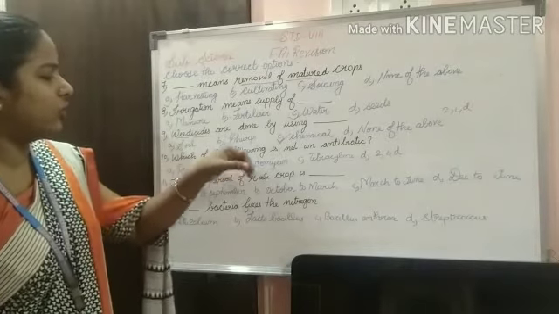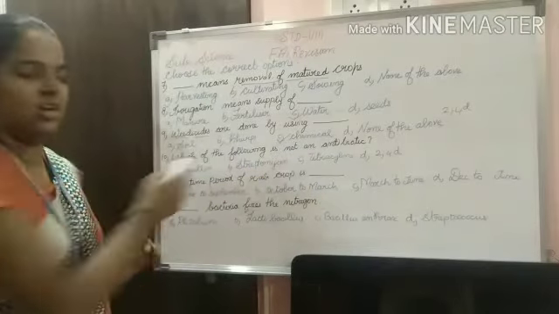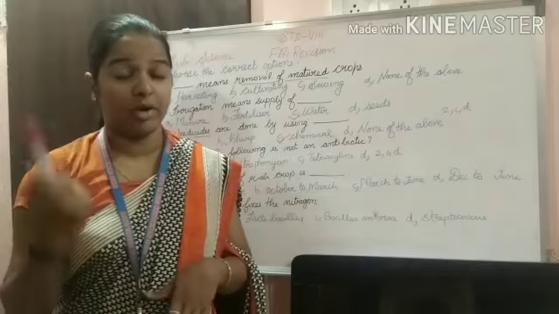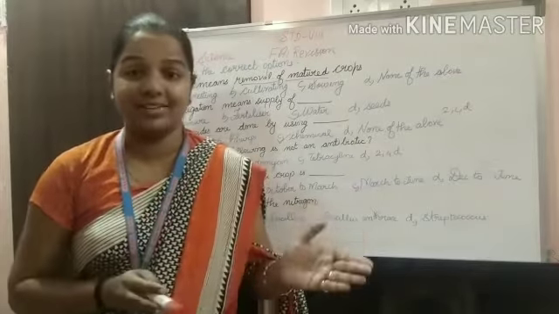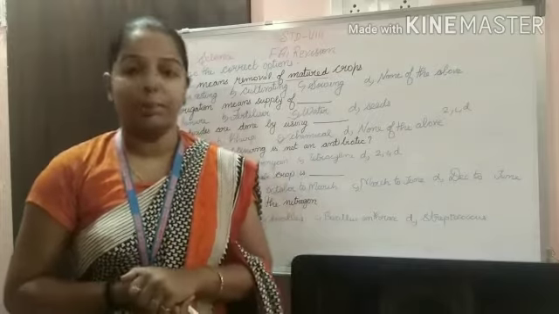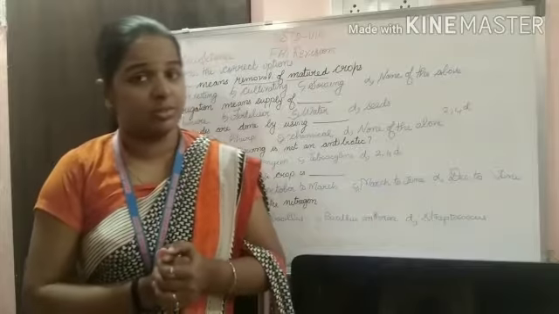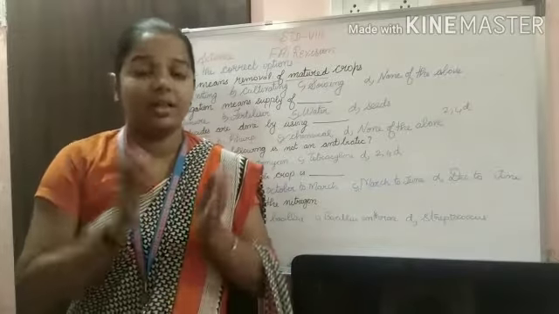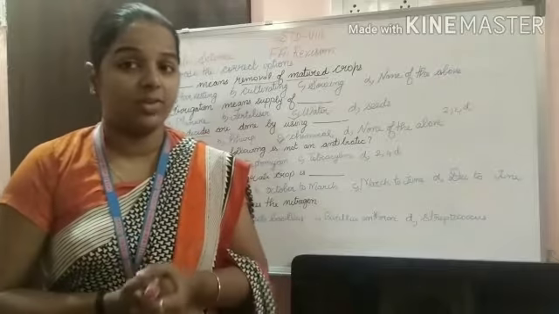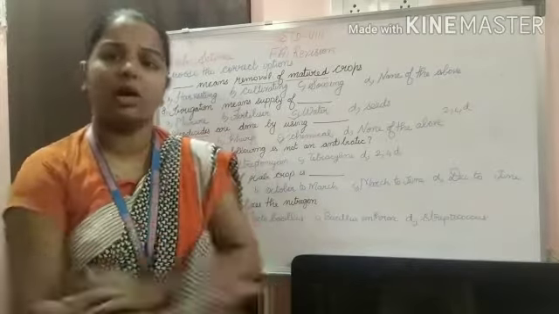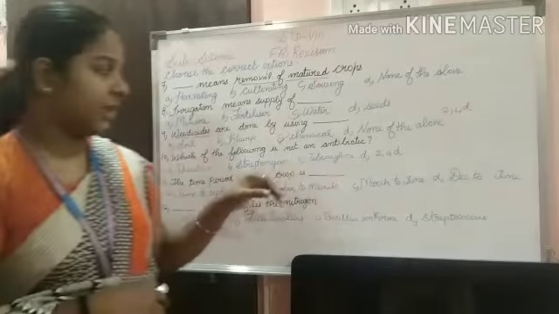Which of the following is not an antibiotic? Here 4 answers are given. You have to find which is not an antibiotic. What is an antibiotic? An antibiotic kills or stops the growth of microorganisms in our body or in other living organisms. Understand? These medicines will kill the microorganisms causing problems in our body or stop their growth.